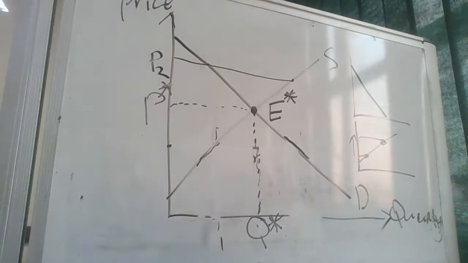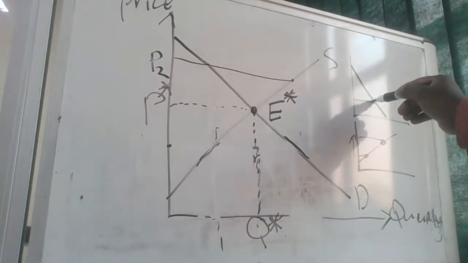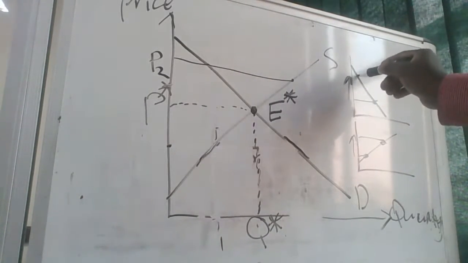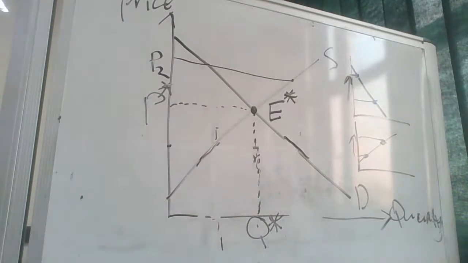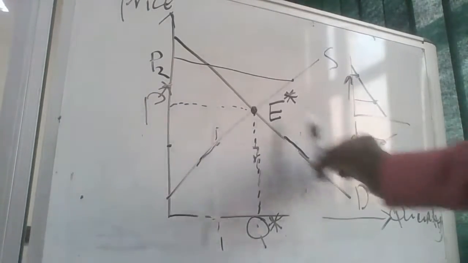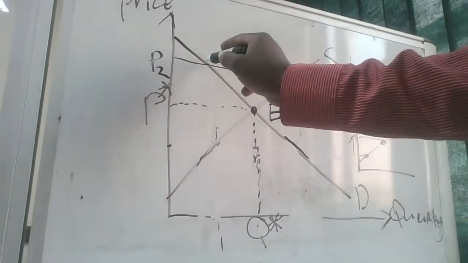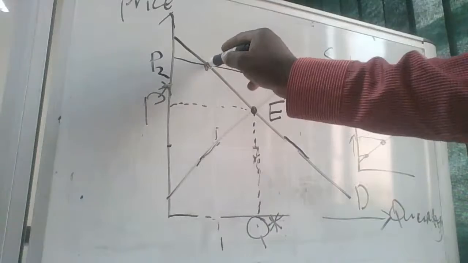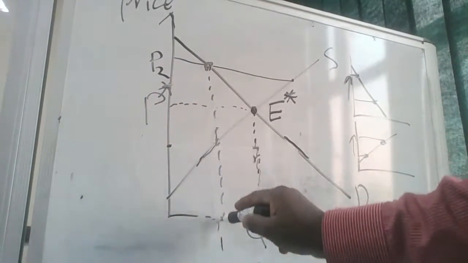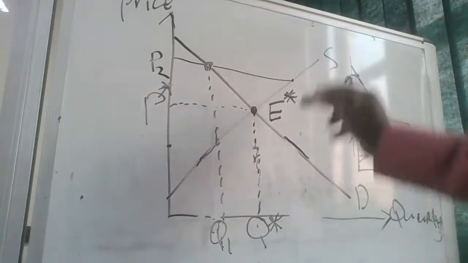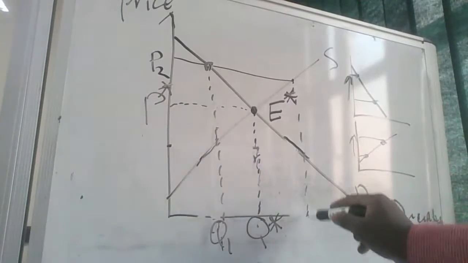On the other hand, from the consumer side, if the price goes up, consumers get demotivated, and as such, they respond by reducing their quantity demanded from the market. If we bring this analysis here, we'll see that at a price of P2, the quantity demanded will be Q1, while the quantity supplied will be Q2.